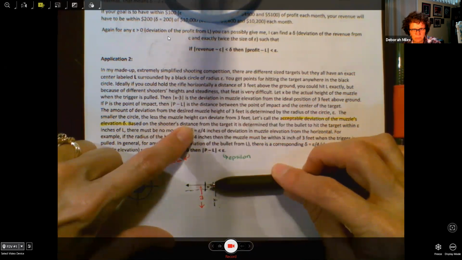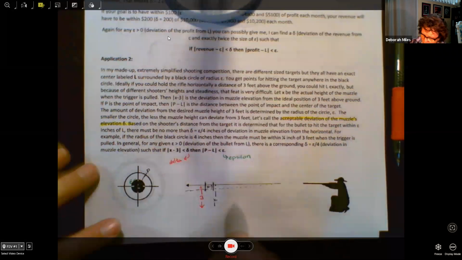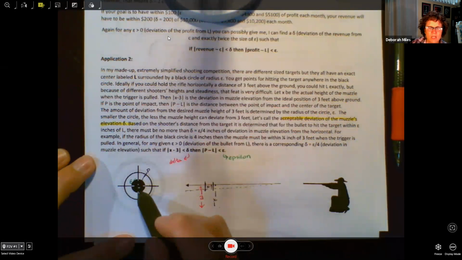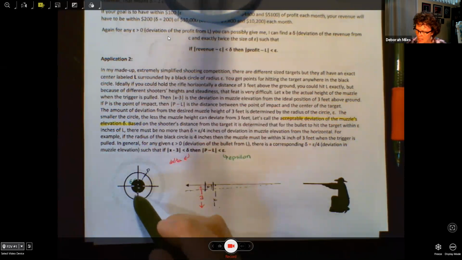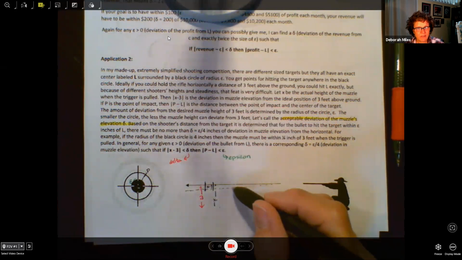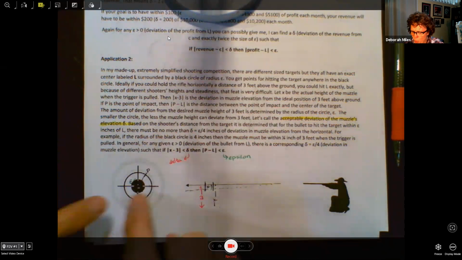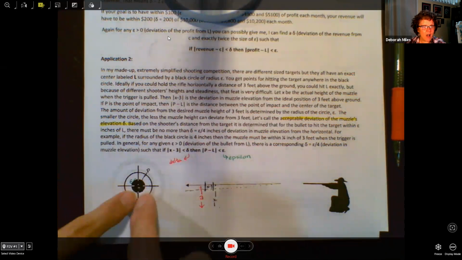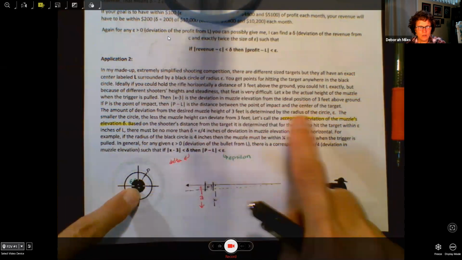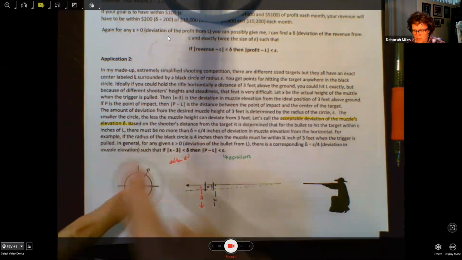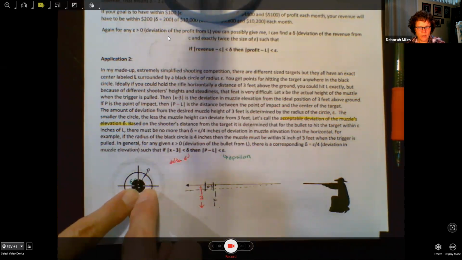Whatever the radius of this target is, somebody has calculated that delta, the amount of offness, has to be only a quarter of the acceptable amount of offness here. So delta has to be a quarter of the radius of that circle in order for the bullet to hit within that circle.